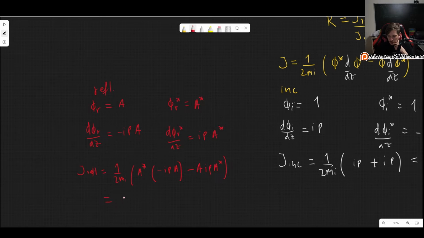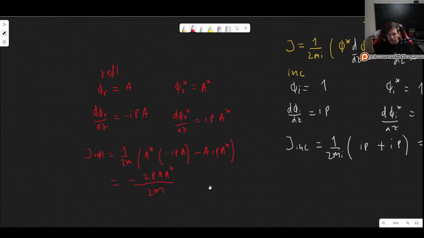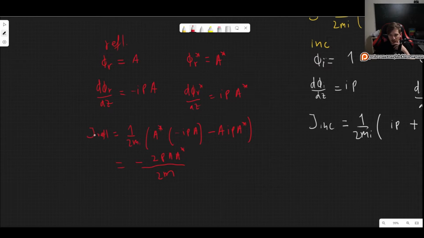So we end up with minus 2pa conjugate divided by 2m. Now here we do have to make a little bit of a correction, because what I called J reflected, the reflected wave, is going in the minus z direction, which is actually why we have this minus sign here.